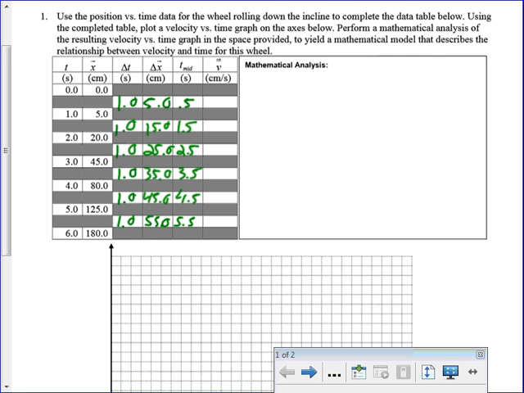The last thing we need to do is calculate our average velocity over that 1 second interval. So between 0 and 1 seconds, there was a time that had passed of 1 second, and there's a displacement of the object of 5 centimeters, so my velocity over that 1 second would be 5 centimeters per second. Simply taking the position divided by the time.